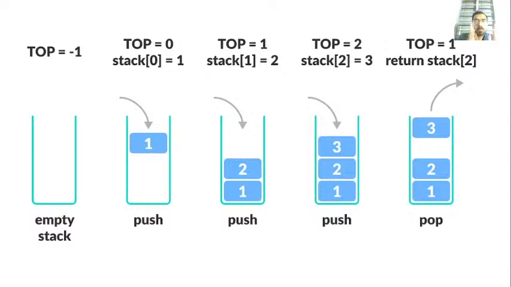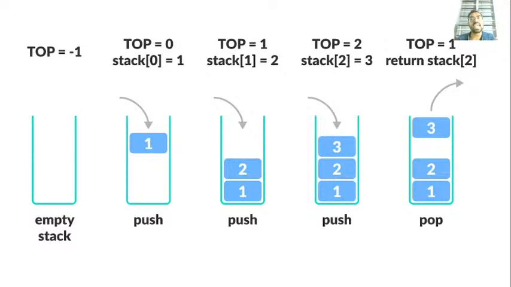Top is equal to -1 because here there is an empty stack. The top equal to -1 denotes that there is no data element present in the stack.